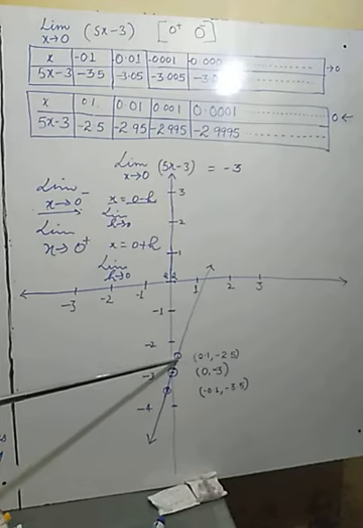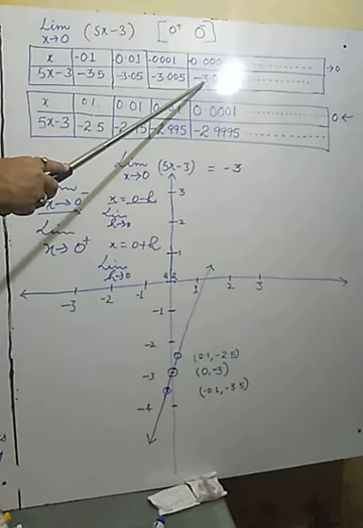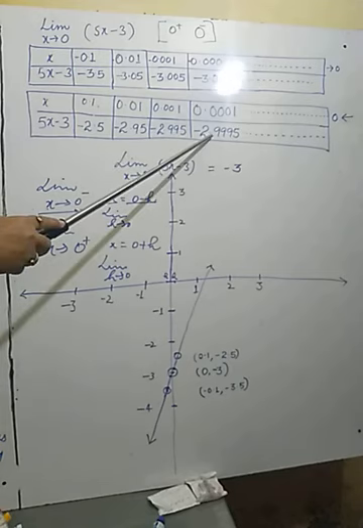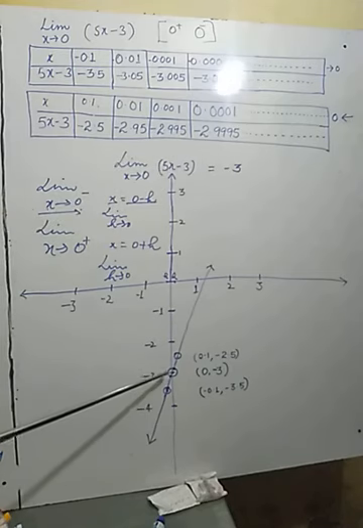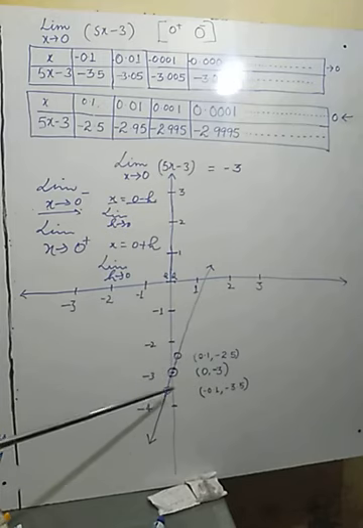At this point also, the limiting value is minus 3. At this stage, the limiting value is also minus 3. See, minus 3 in both conditions.